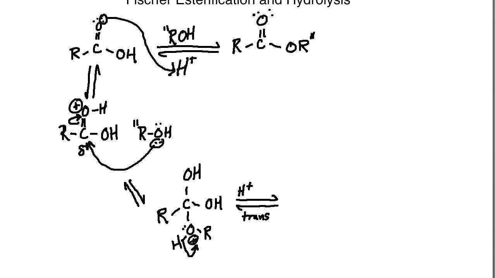So what you're essentially doing is you're releasing a proton into solution from that alcohol that attached itself, and then you will also have one of the alcohols up top that's going to pick up a proton. So the proton has just been transferred from one functionality to another, and that very often is referred to as proton transfer when you're looking at reactions like this.